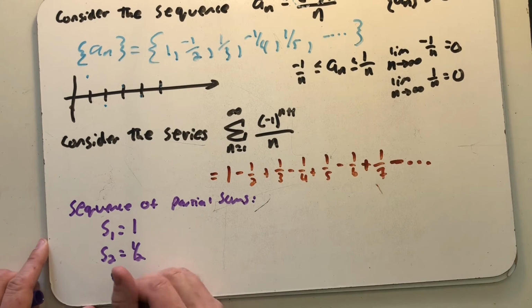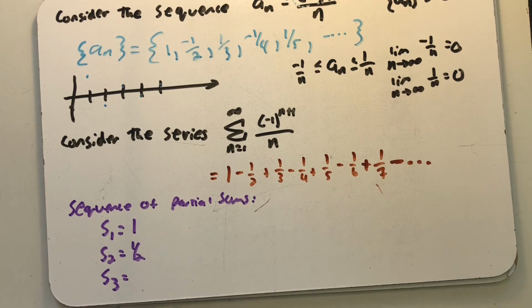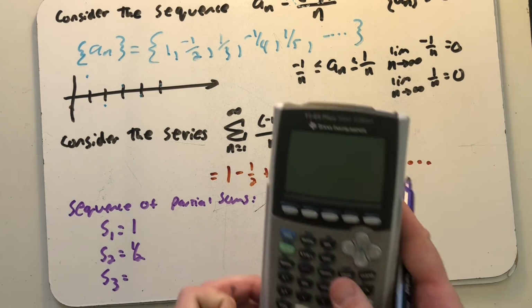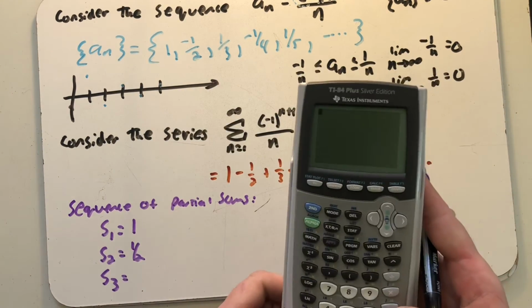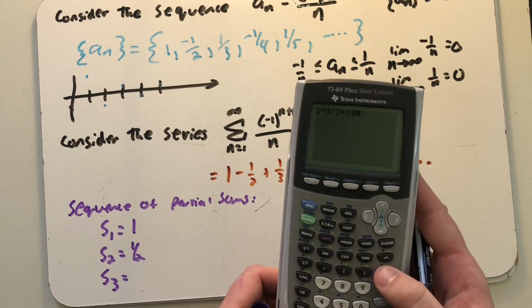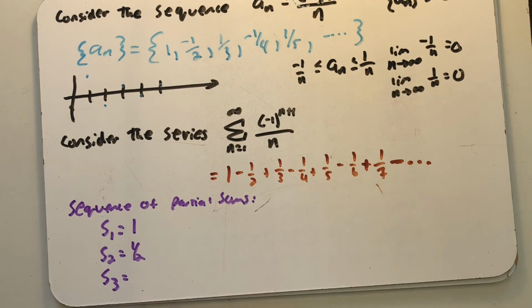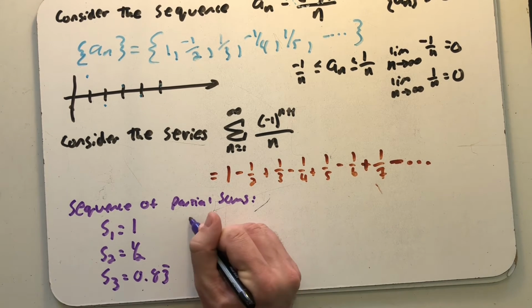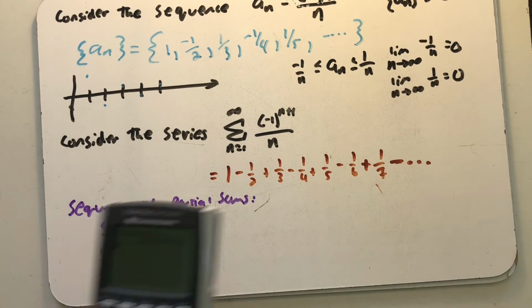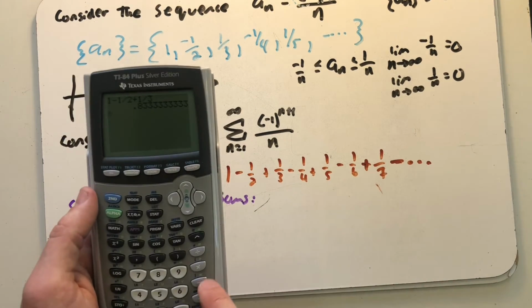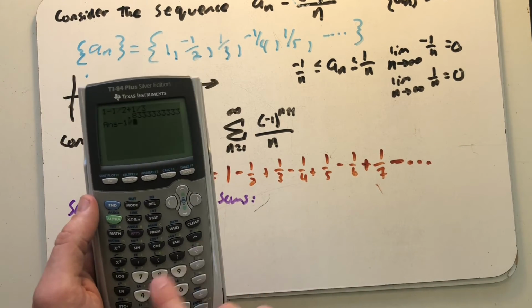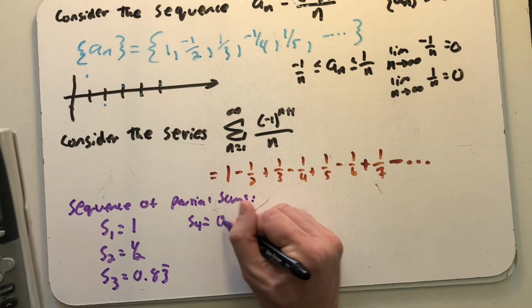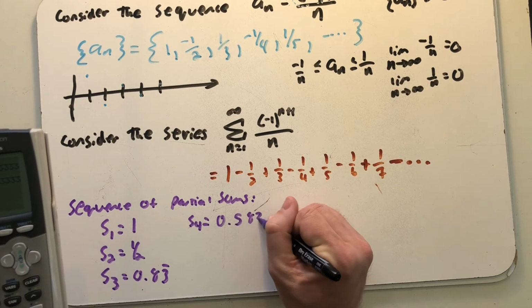The third element in the sequence of partial sums, I need to add a 1/3 to that, and no secrets amongst us here. I'm just going to say 1 minus 1/2 plus 1 over 3, and I see that I get 0.83 repeating. The fourth element in the sequence of partial sums, I just now add that minus 1/4. 0.583 repeating.